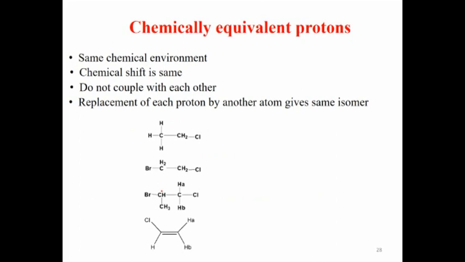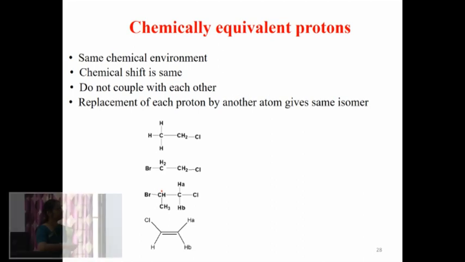What is meant by chemically equivalent protons? They should have the same chemical environment. The chemical shift of chemically equivalent protons will be the same. Of course, they will not couple with each other.